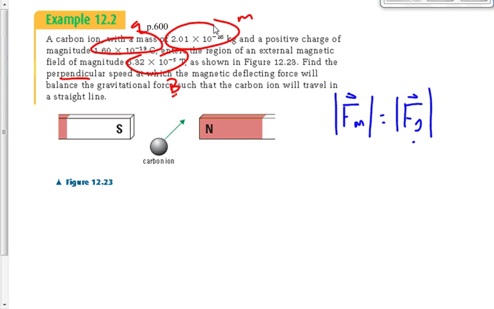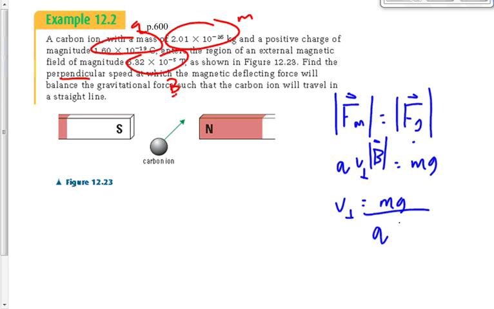If I choose to set them equal to each other right off the top, it's the same thing. So we say qvB, this equation we know is valid because they're perpendicular, equal to mg. We're solving for speed here. So v is equal to mg over qB.